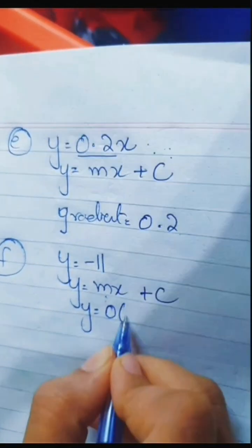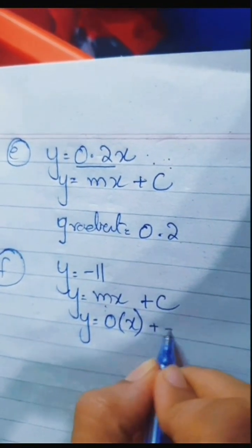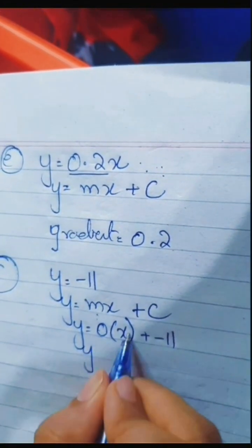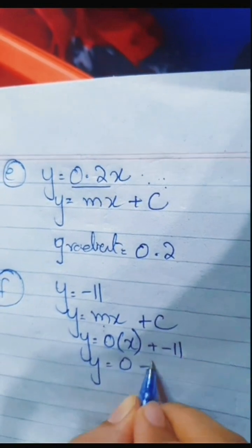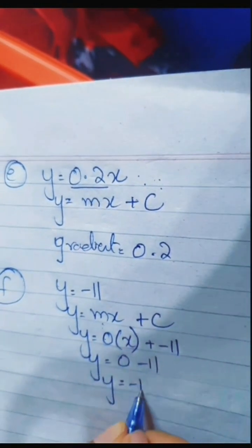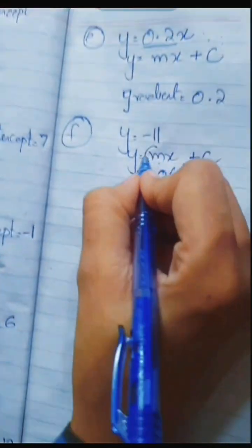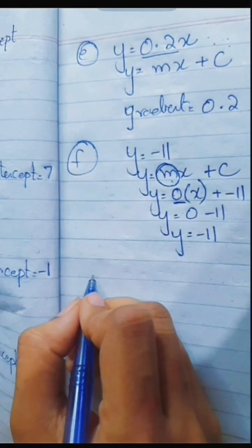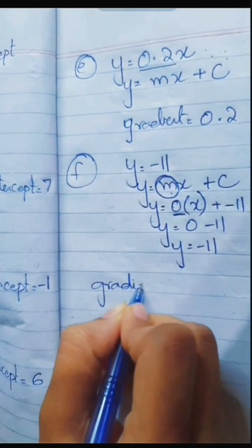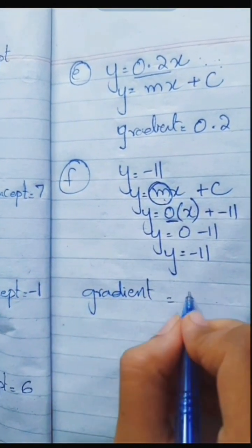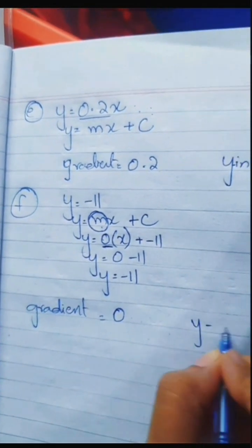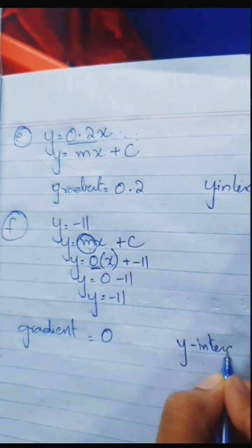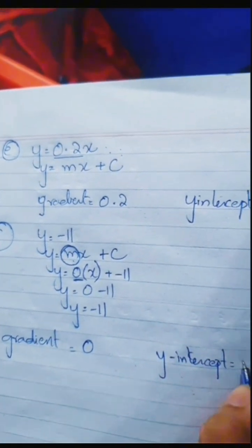In place of m I am writing 0x plus negative 11, so it would be 0x is 0 minus 11, so it would be minus 11. So from the equation we noticed that the value of m is 0, gradient is equals to 0 and y-intercept is equals to negative 11.